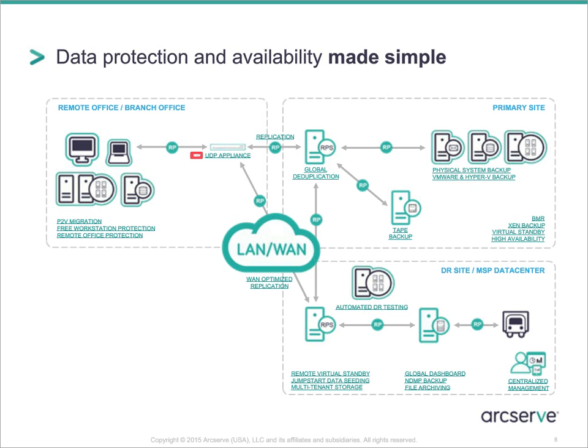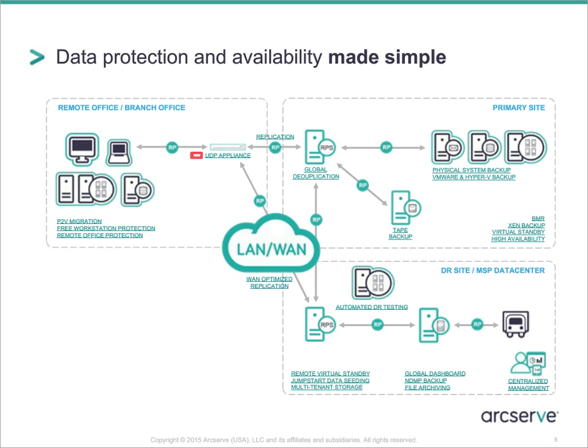So if the recovery point server at the remote branch office sends in a load of data, and then the head office is also trying to transmit the same data, we will only accept the data from one of the RPS nodes because we're globally comparing all the blocks and only asking for the unique data to be sent through.